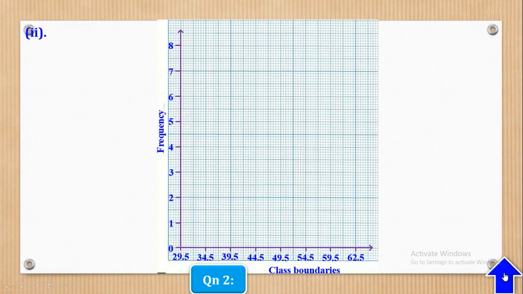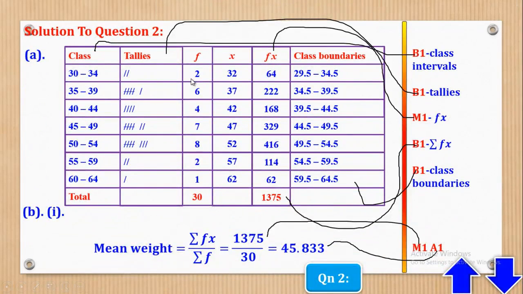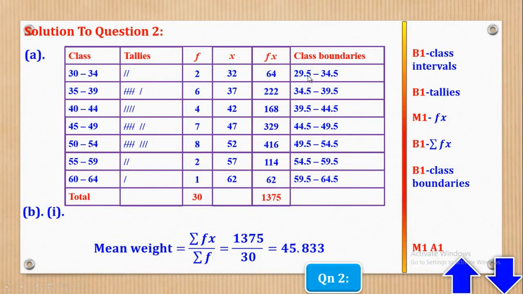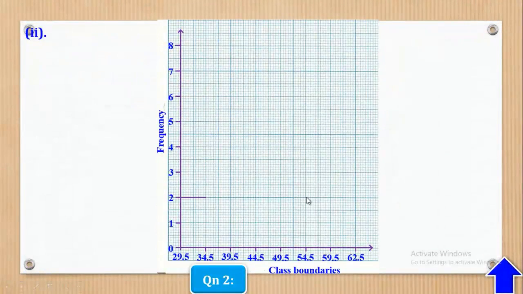The corresponding frequencies will be got from the table, so we shall look for the frequencies. The class boundaries of 29.5 to 34.5 correspond to a frequency of 2, and 34.5 to 39.5 correspond to a frequency of 6. So we shall start with 2, followed by 6. Look for 2 and draw the horizontal bar to represent that class. Then the next was 6, so we shall come up to 6 and draw that bar.